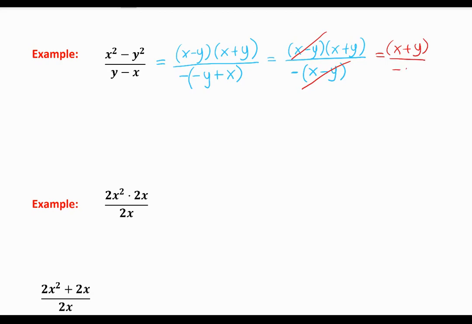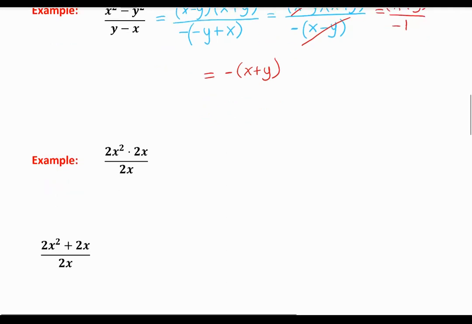And in the bottom, I have minus 1. So I can write it as negative, x plus y. In the denominator, I don't care about 1, so I just use the sign of negative. So I have negative parentheses x plus y.